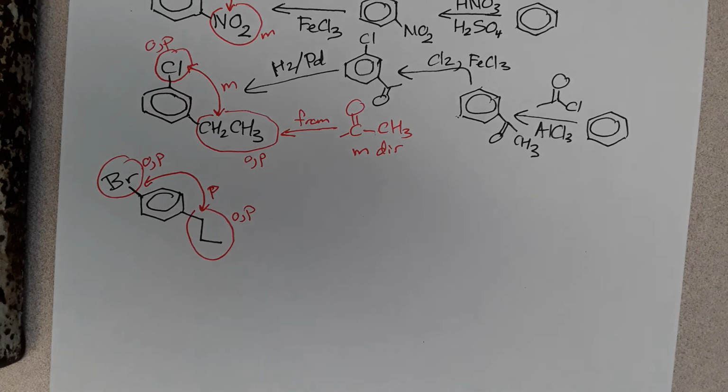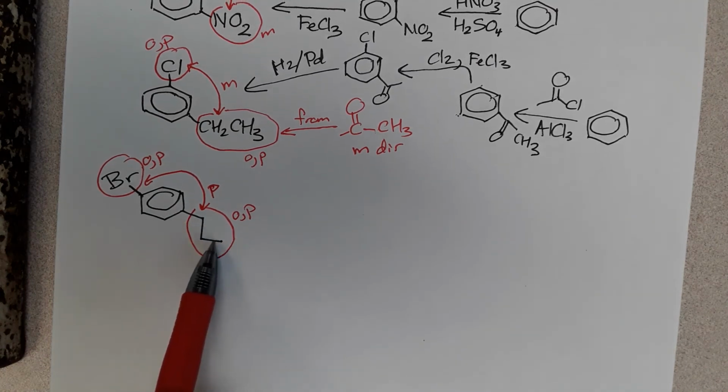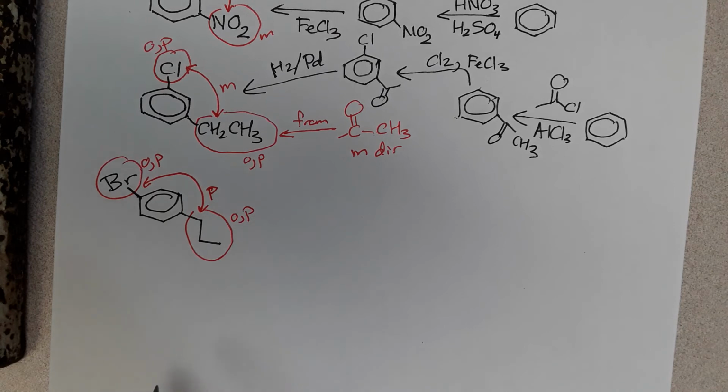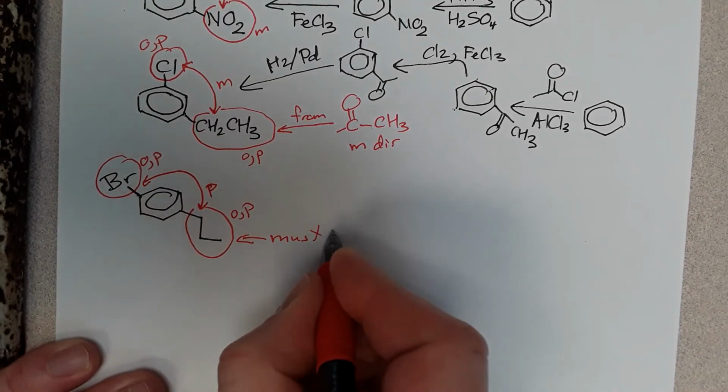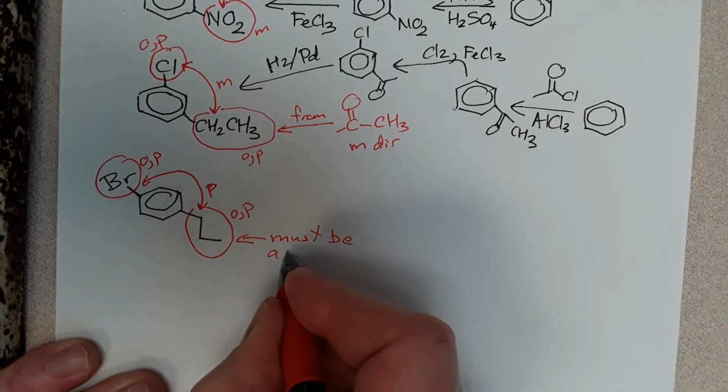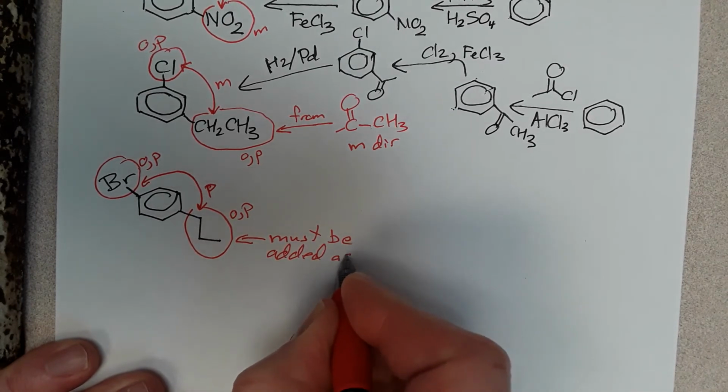There is a problem though. Did you find the problem? Remember, you can't add a propyl group by Friedel-Crafts alkylation because it's going to rearrange to an isopropyl group. So this must be added as an acyl group.